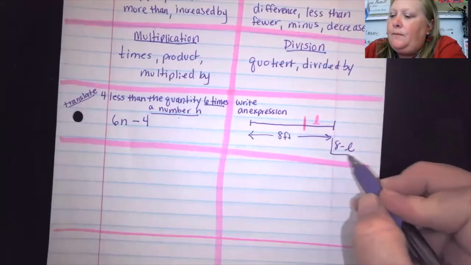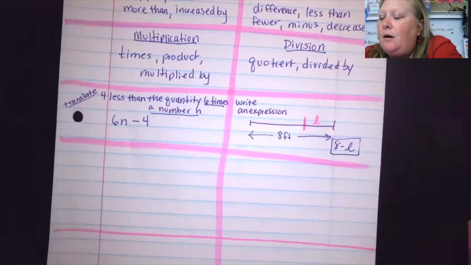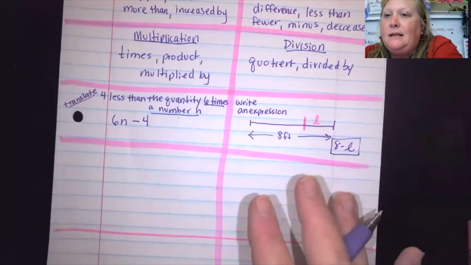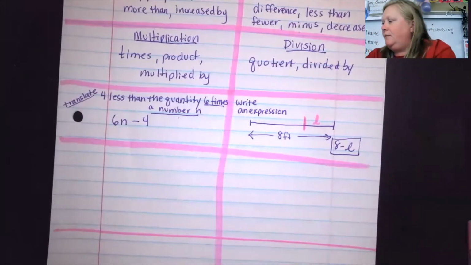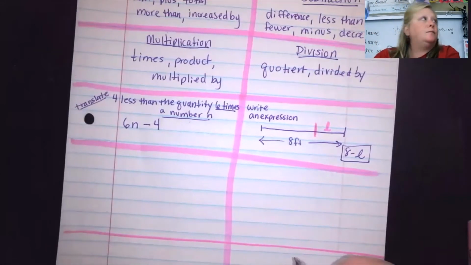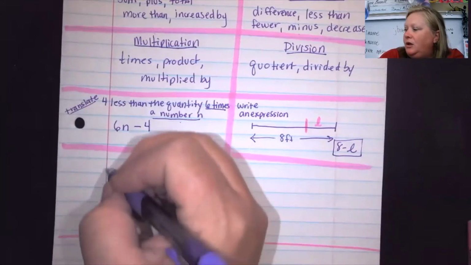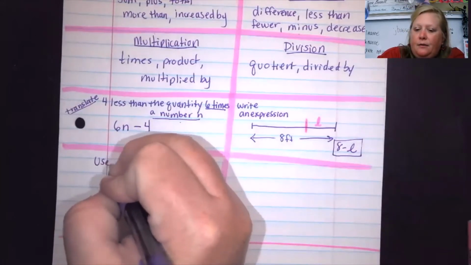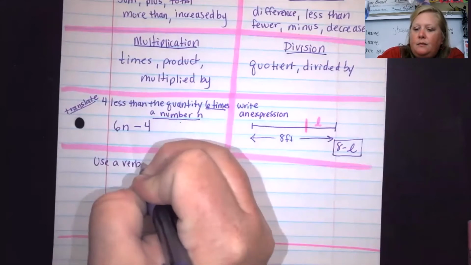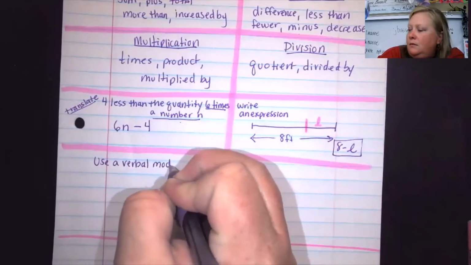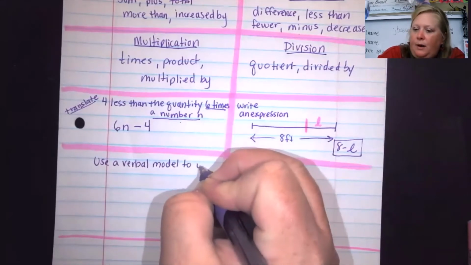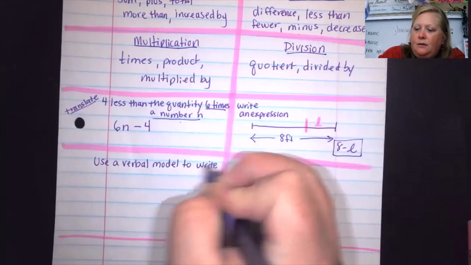So it doesn't matter what L stands for, but we can write the expression. This one is use a verbal model to write an expression.